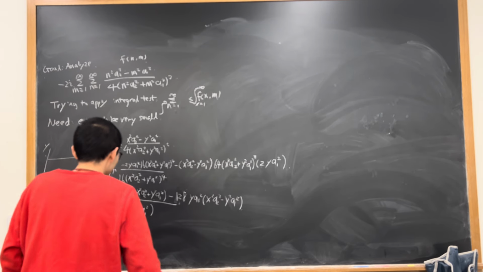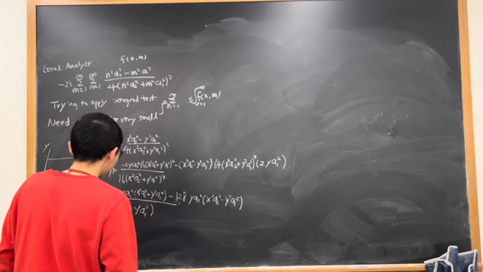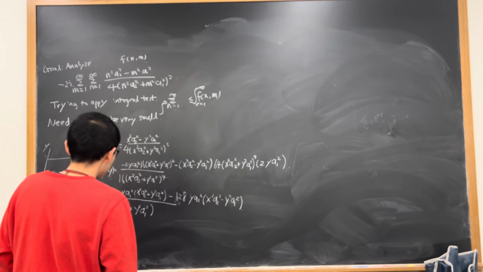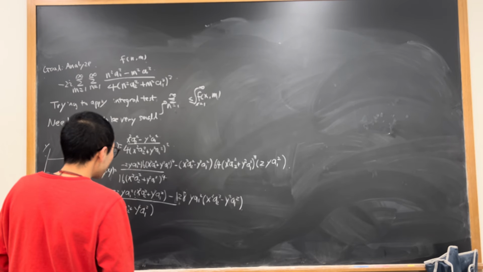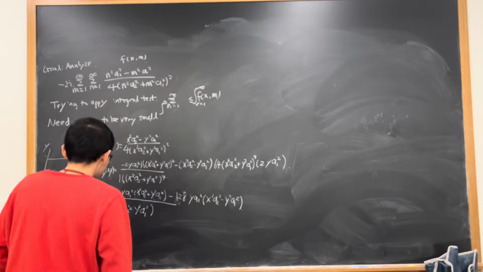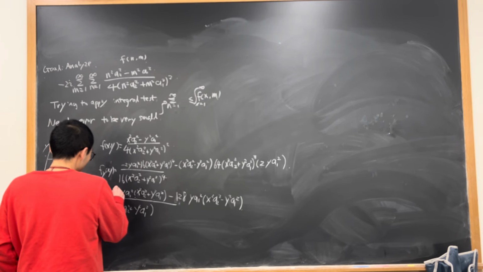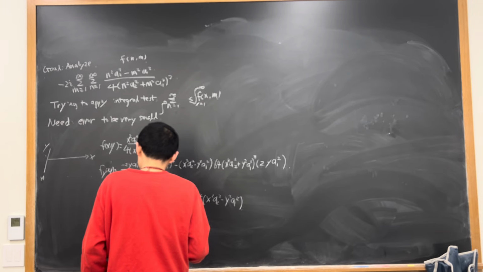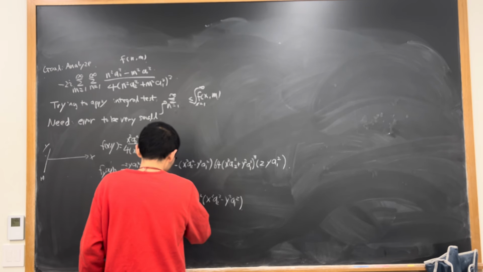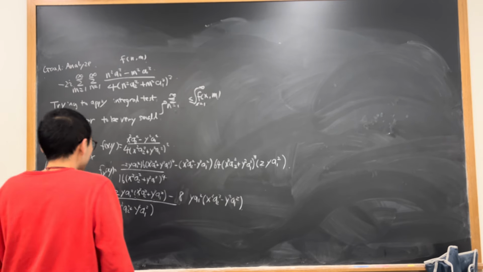So therefore, I think we can simplify this. Let's cancel out the 16. So this becomes 2, and this becomes 8.